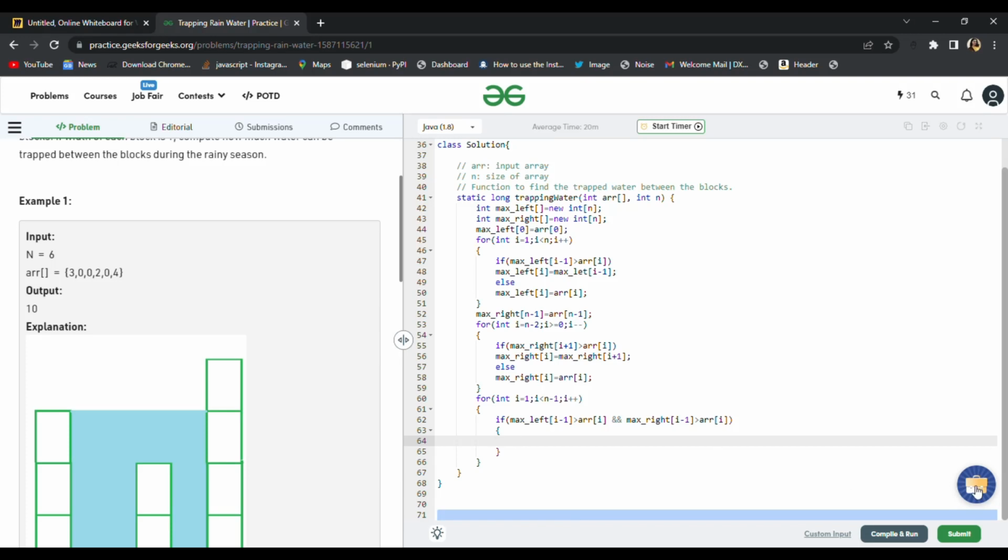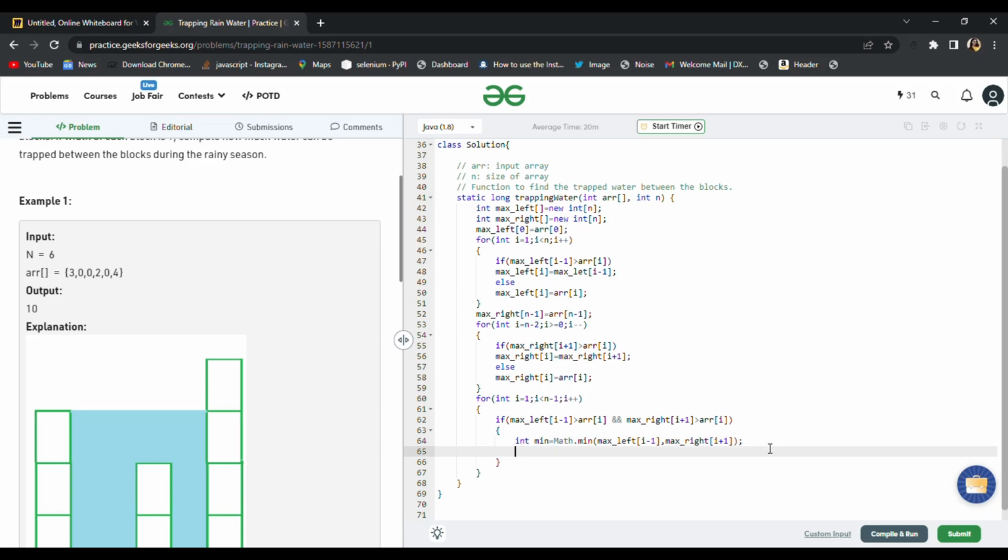If the left boundary is greater and the right boundary is also greater, we need to find the minimum over here, which will be Math.min of max left of I minus 1 comma max right of I plus 1. So we have the minimum of the two now.